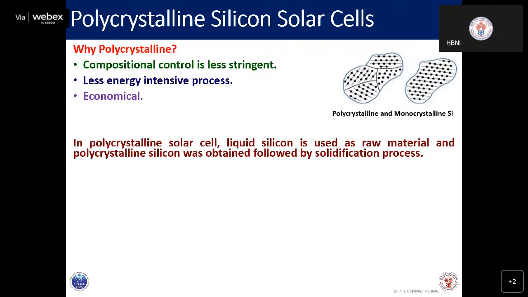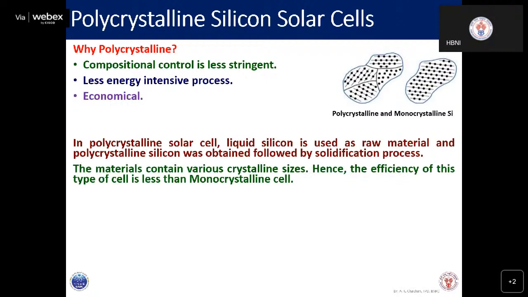In polycrystalline solar cells, liquid silicon is used as a raw material, and polycrystalline silicon is obtained following a solidification process. So how is this process done? You just take silicon, increase the temperature to melt it, and then just solidify it. Once you solidify it, you will get polycrystalline silicon.